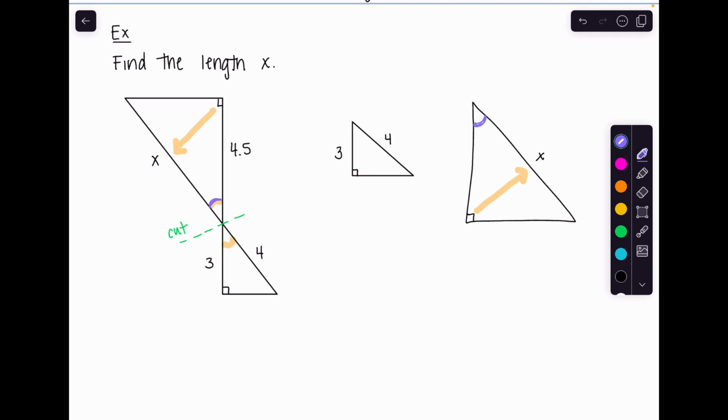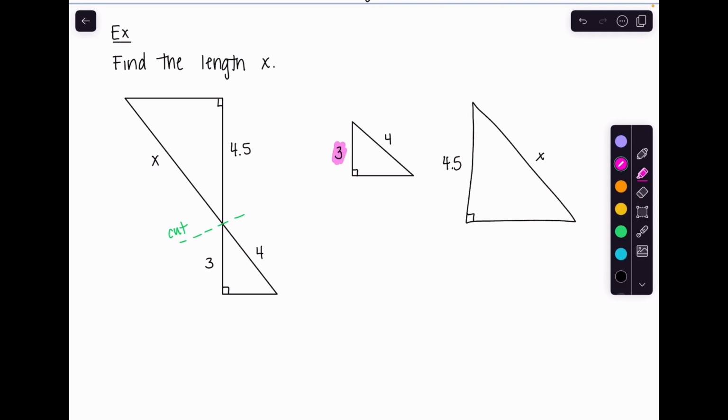And so X and the 4.5 form that angle, which means the 4.5 is the value right here. Okay.